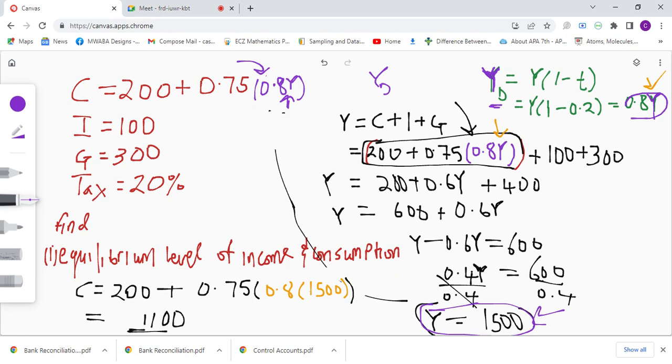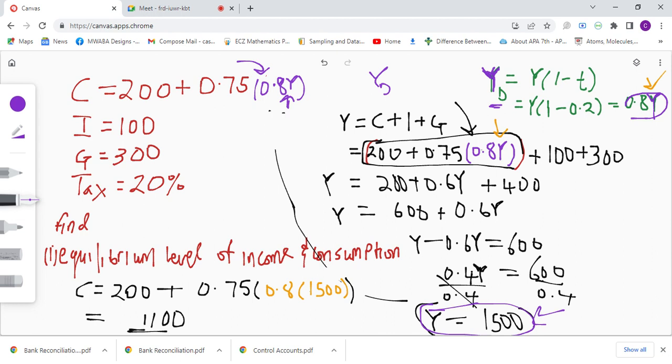Also be careful, because even I almost made that mistake. I almost put this 1,500 without adjusting the consumption function. So please remember, once you've adjusted the consumption function, and you're asked to find the equilibrium level of consumption, you use that adjusted consumption function.